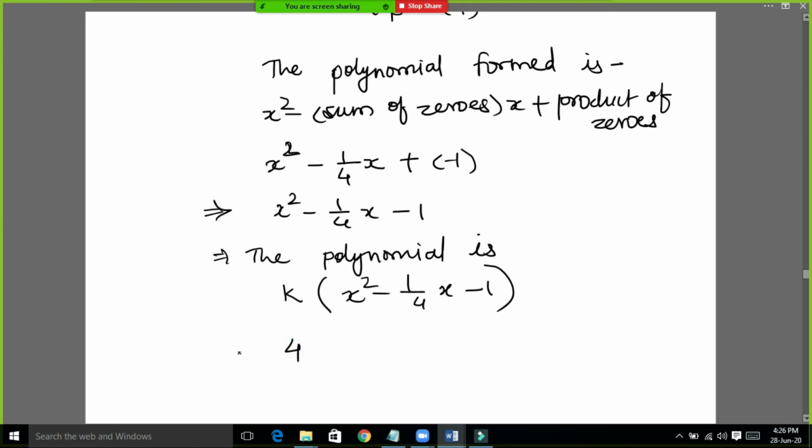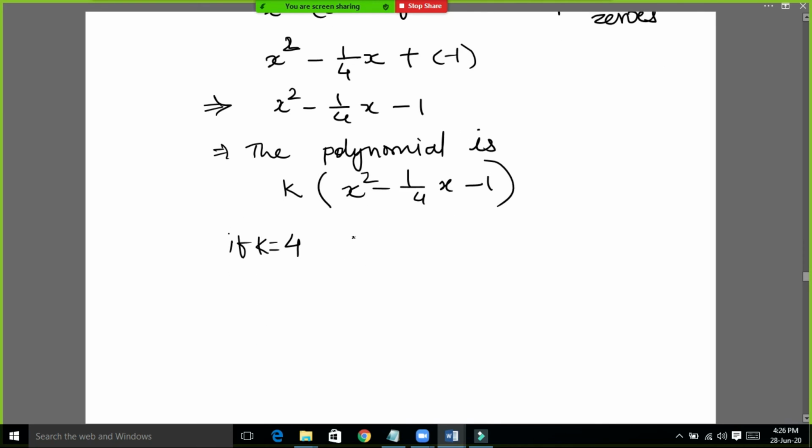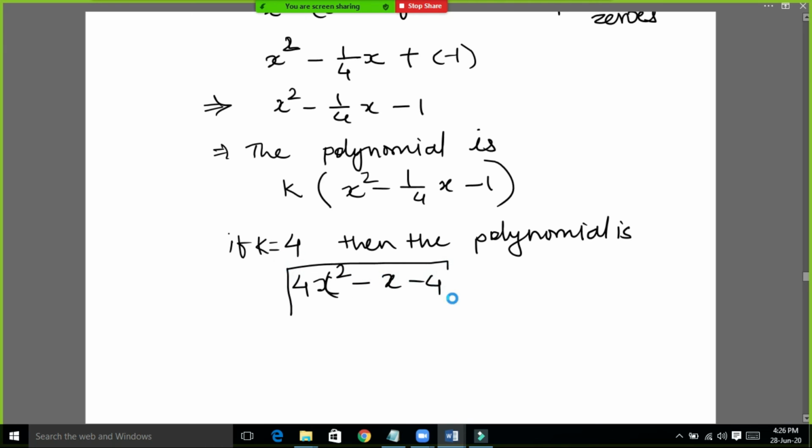Suppose we write down here, if k is equal to 4, then the required polynomial is 4 into (x² − (1/4)x − 1), so what we get is 4x² − x − 4. So this is the required polynomial. How is this obtained?